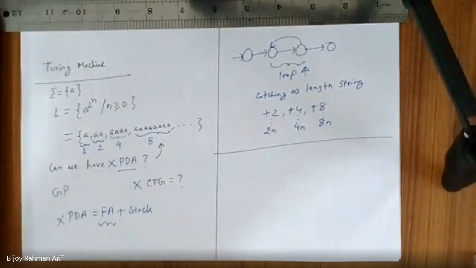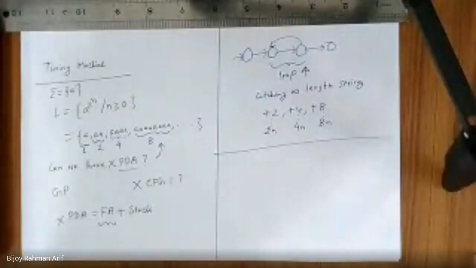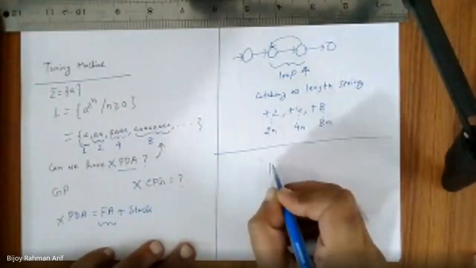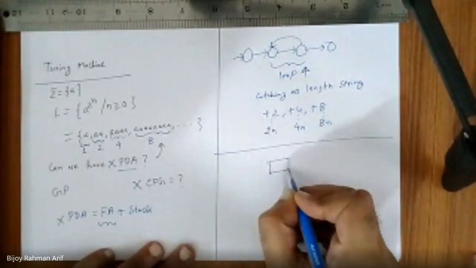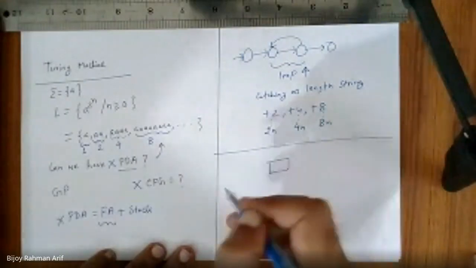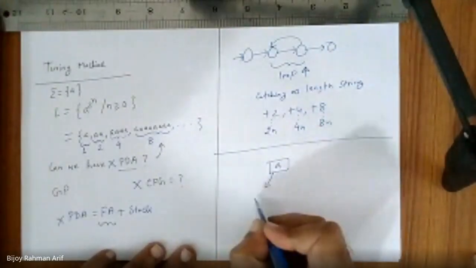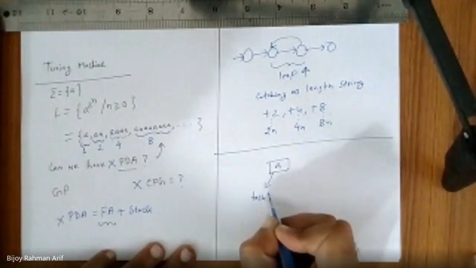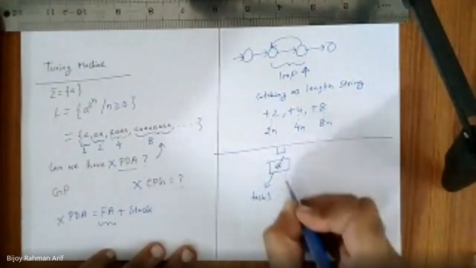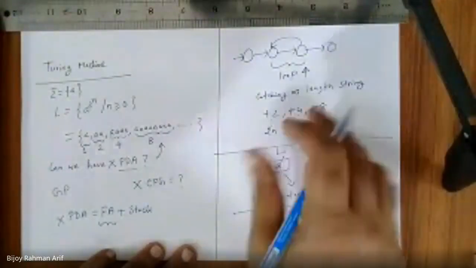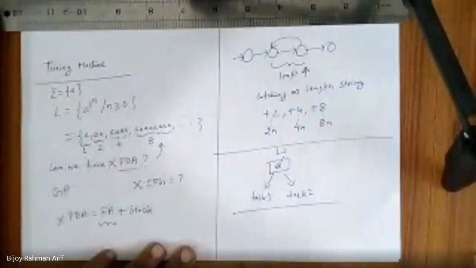But this one has a Turing machine. Why is it a Turing machine? Because for a particular position in the memory, a Turing machine has some sort of branching capability. For example, for A, I'm going to do task 1. On the other hand, if it is blank, I'm going to do another task 2. So that's why it is possible to have a Turing machine.